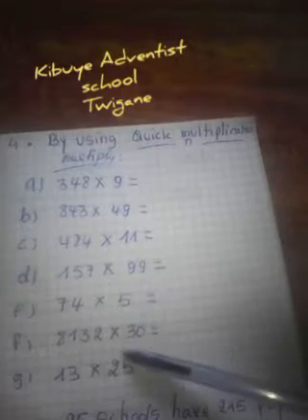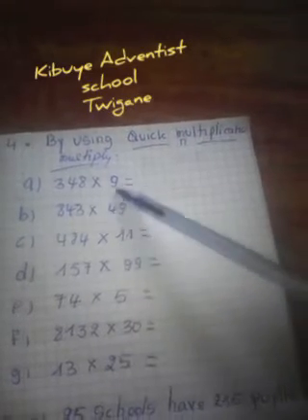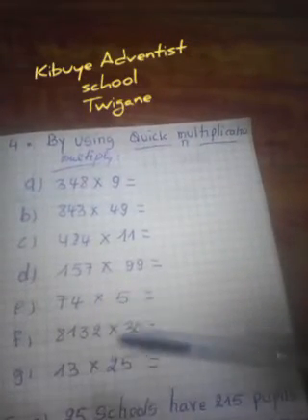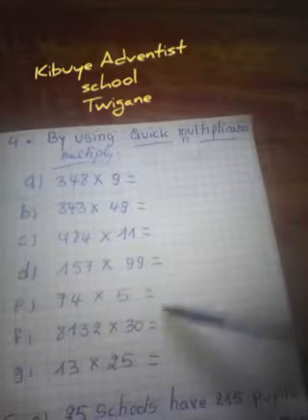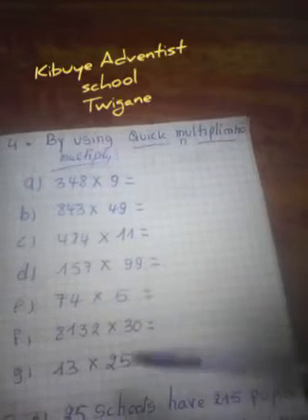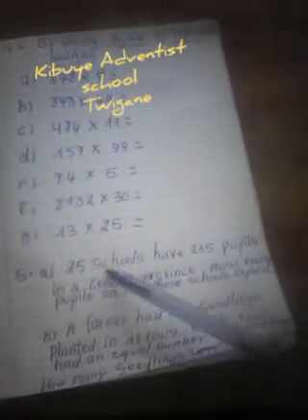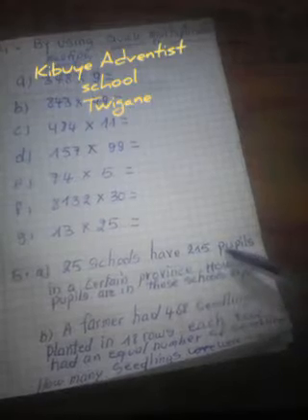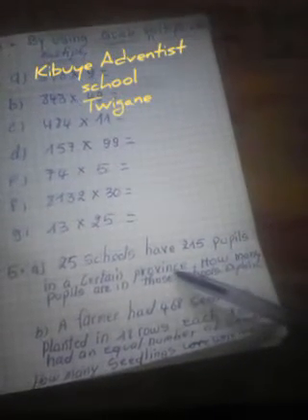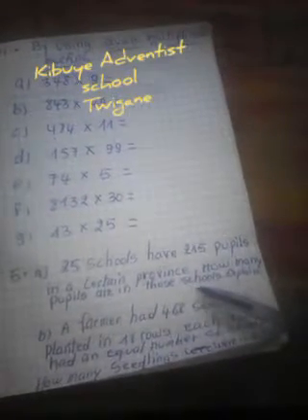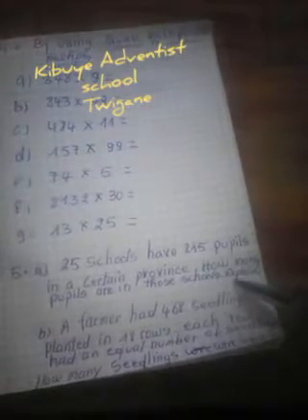So number B, a farmer had 468 seedlings planted in 18 rows. Each row had an equal number of seedlings. Then how many seedlings were there in each row?